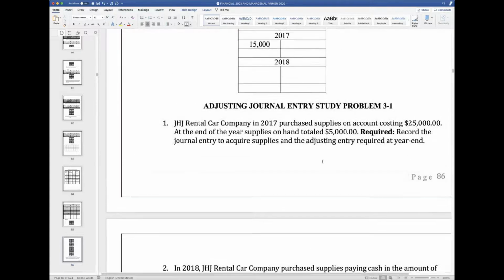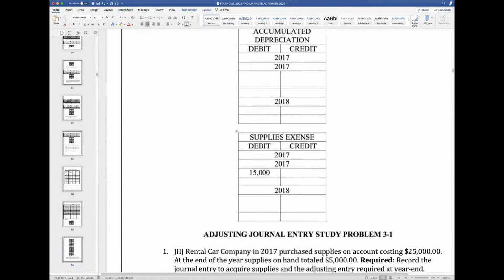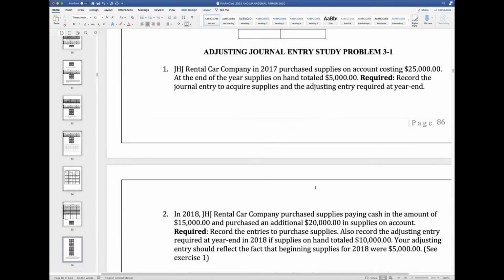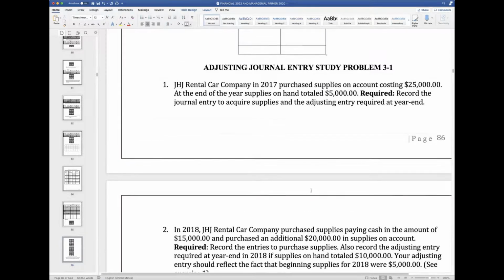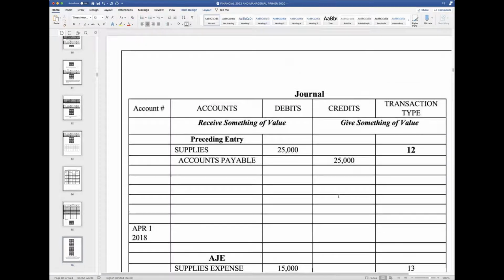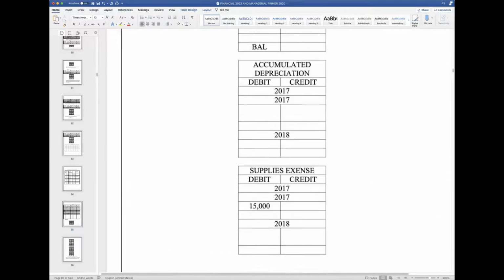So we have to record those. There was 20 on account, so I'll change this to 20. Then there were 15 cash. So we had 2 purchases of supplies. We wouldn't just add on to what we already had. We would make another box for it.